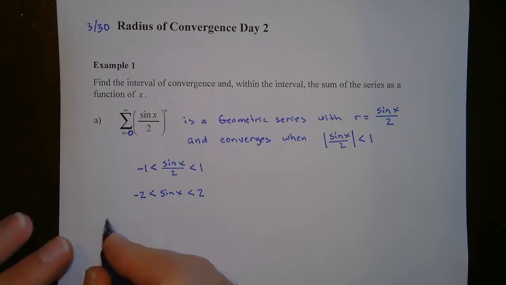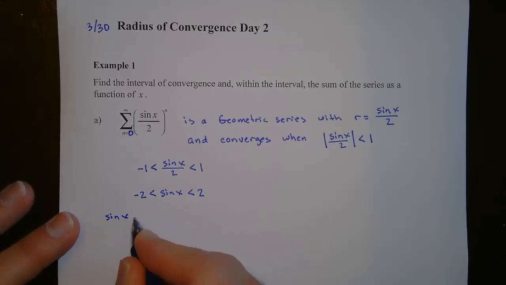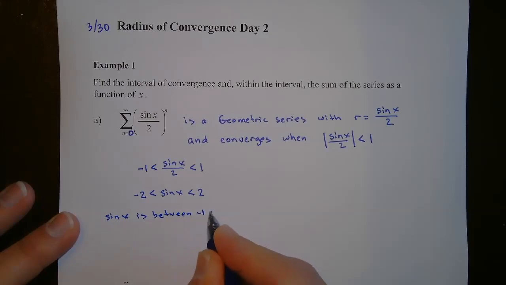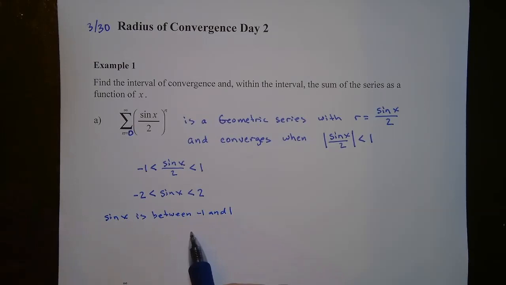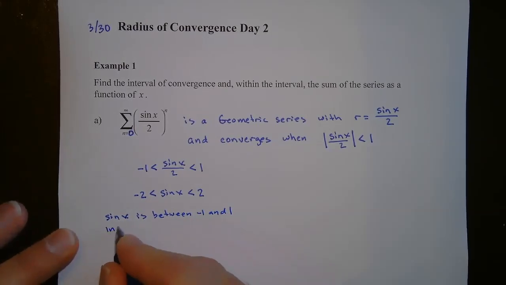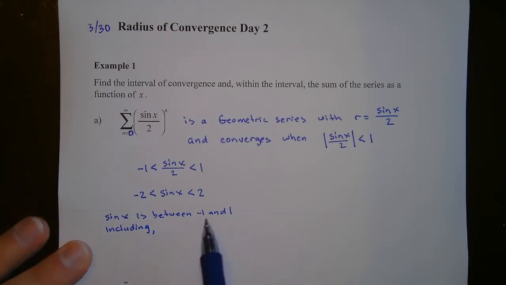Let's write this: sine of x is between -1 and 1, including. You wouldn't have to write this, it's just our thought. Including means it can be -1 and it can be 1.